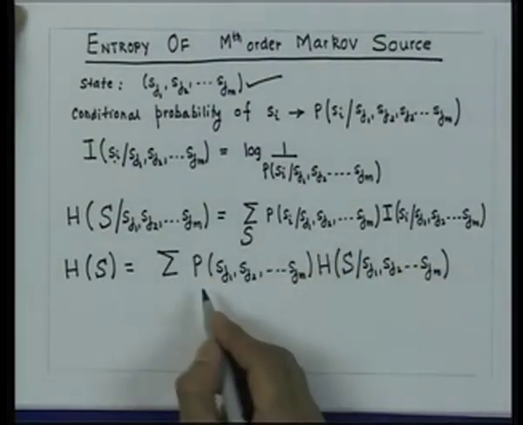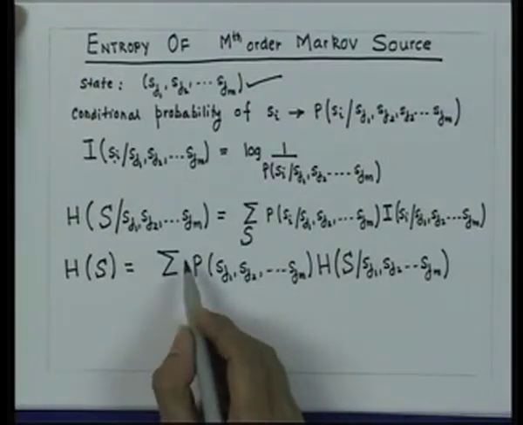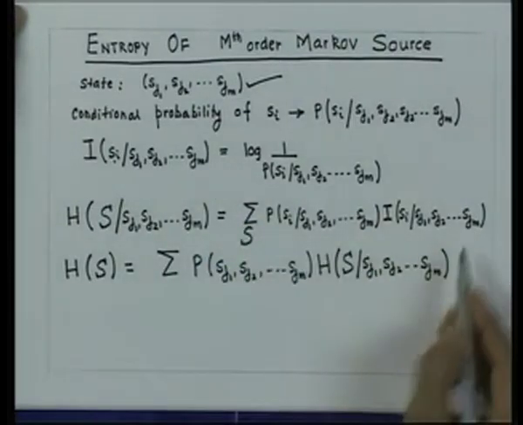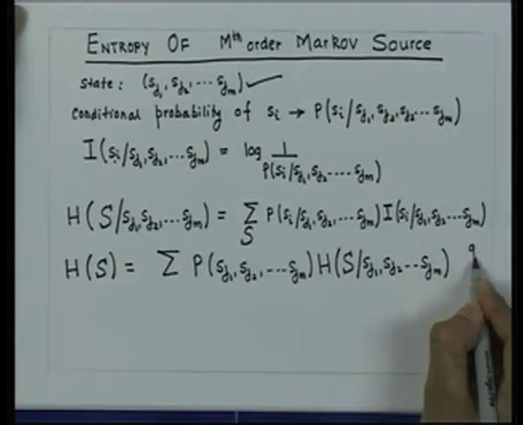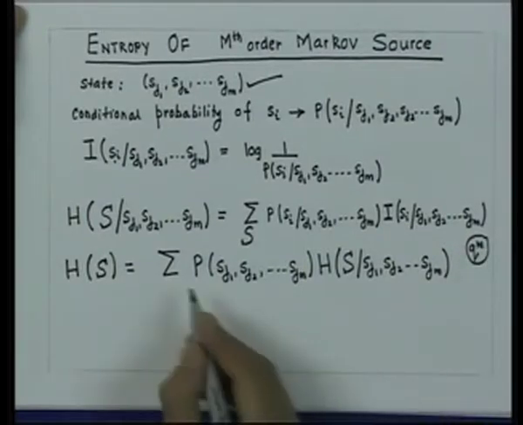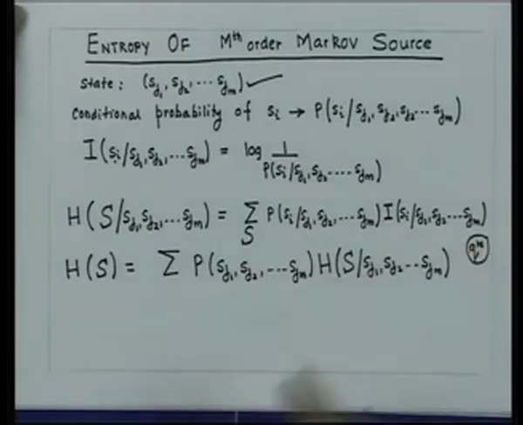This quantity is obviously averaged over all the states. The number of states which we can have is given by q raised to m. So, I should sum this quantity for all the q^m states.